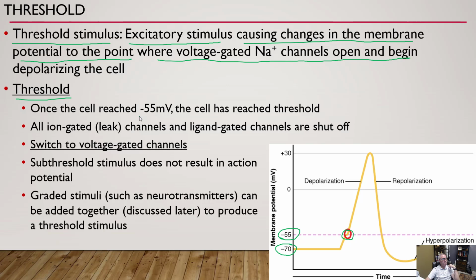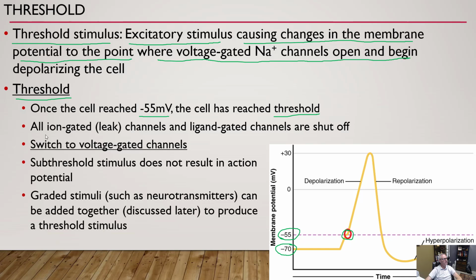Once we've reached that magic number of -55 millivolts, we have reached threshold. We will generate an action potential. There is no stopping this action potential from happening. We will depolarize the cell. Now, prior to this, we've been operating under ion-gated channels and ligand-gated channels.